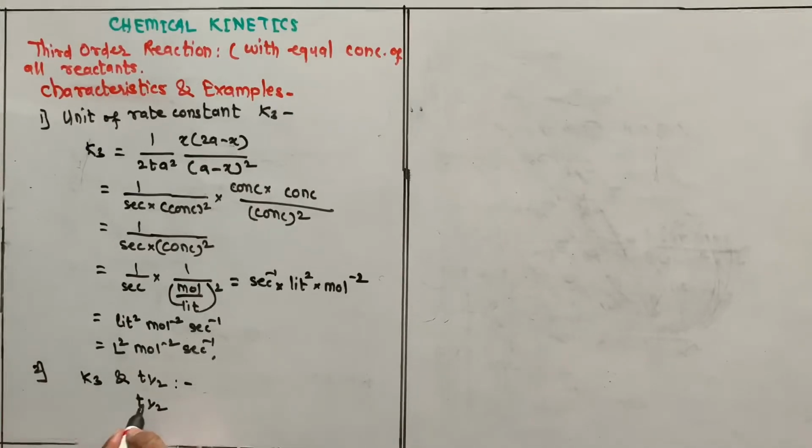That means the time required to complete 50%, half of the reaction, is inversely proportional to initial concentration square A. So T half is inversely proportional to A square, or T half is proportional to 1 upon A square. So this is characteristic number 2.